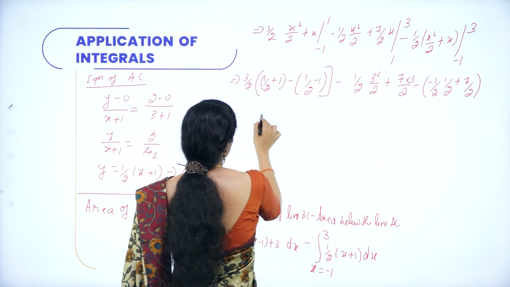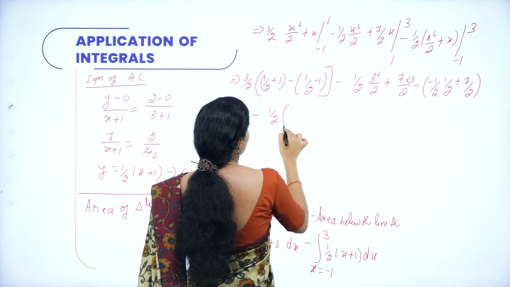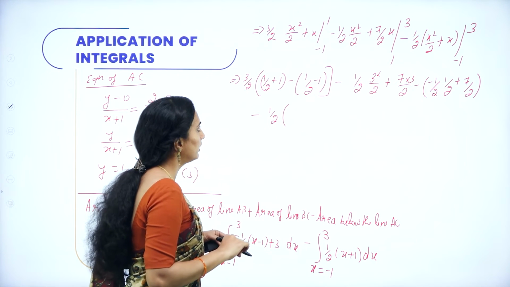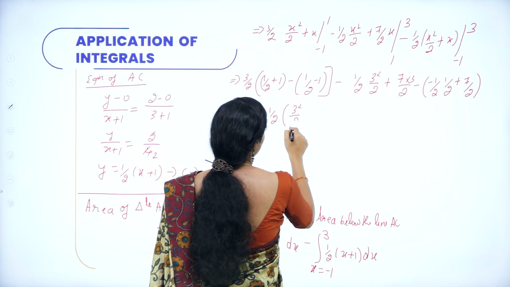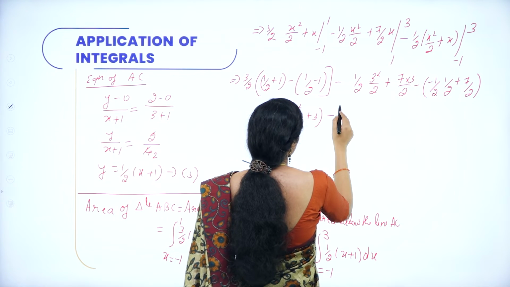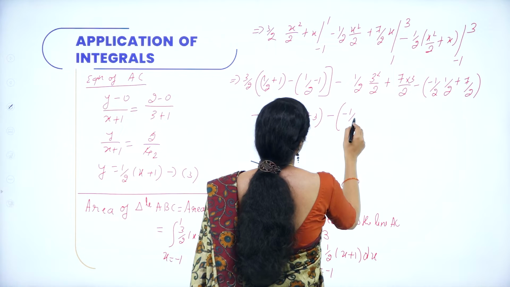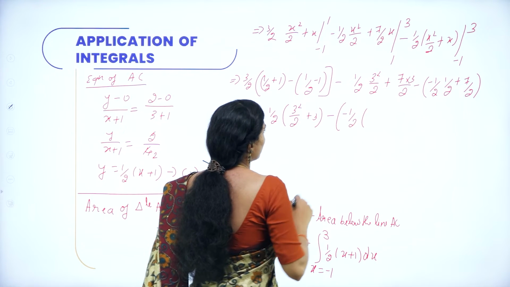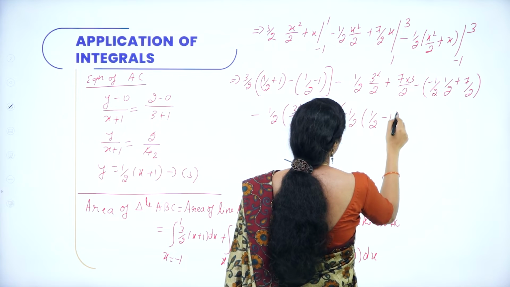Again minus 1 by 2 into, if you apply the upper limit, it will be 1 by 2, which is 3 square divided by 2 plus 3. Again minus, you can apply the lower limit, minus 1 by 2 into x squared, that is -1 squared is 1 divided by 2 minus 1.